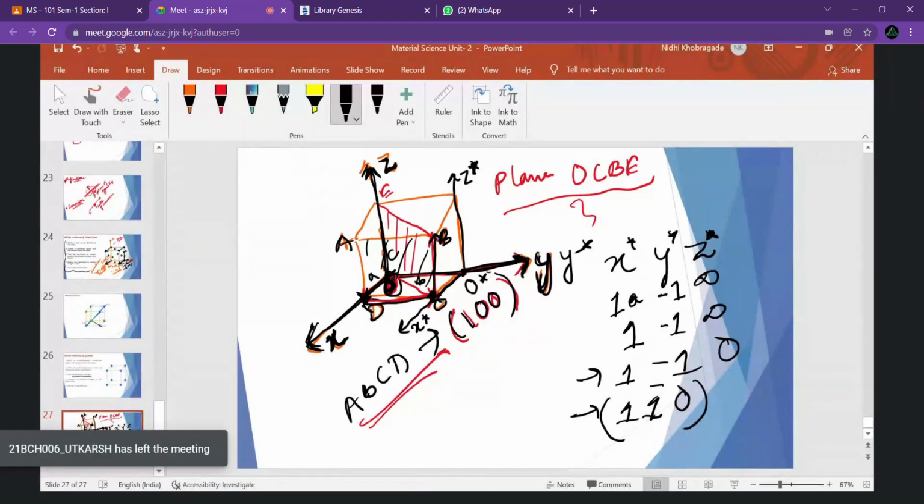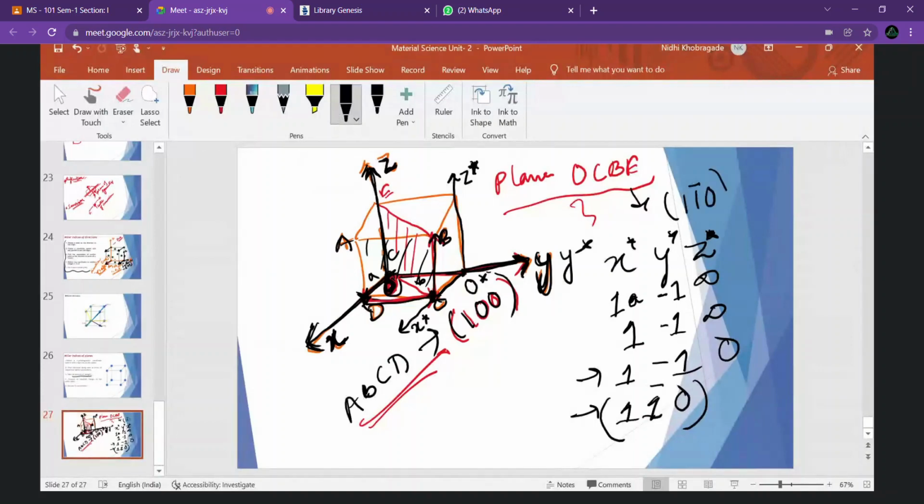So for plane OCBE, the Miller indices are (1 1bar 0). The Miller indices of a plane specify only its orientation in space, not its particular position, and all parallel planes have the same Miller indices, for example 110, 100, 200, 300 or 400.